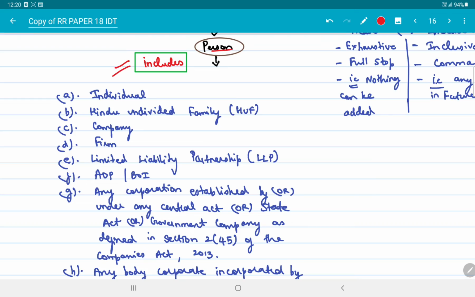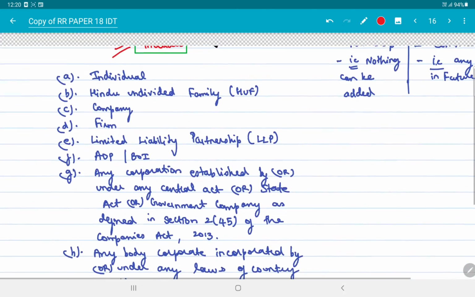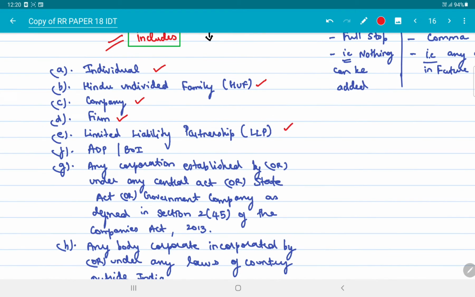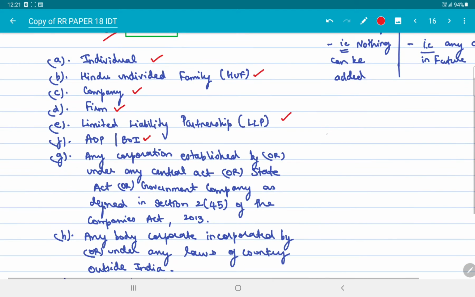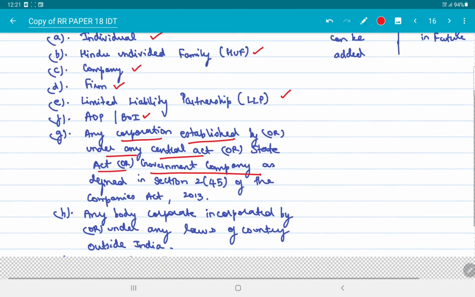Person includes all of these: individual, HUF (Hindu undivided family), company, firm, limited liability partnership, AOP, BOI, any corporation established by or under any central or state Act, or any government company as defined.